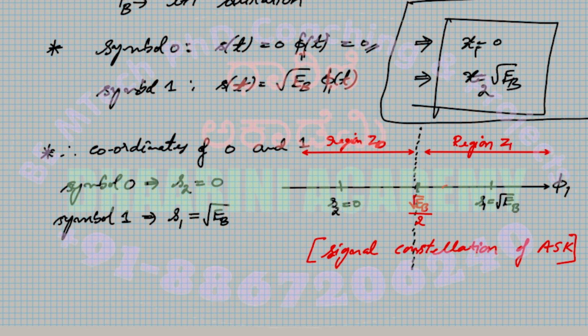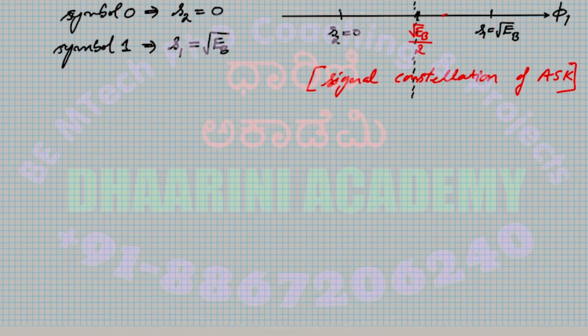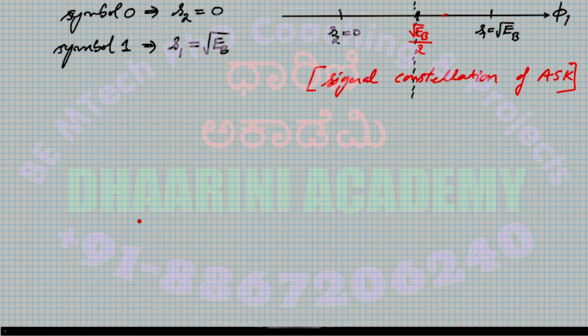Okay. Now, whenever we are using the signal, let's try to look at the power spectral density of this ASK.